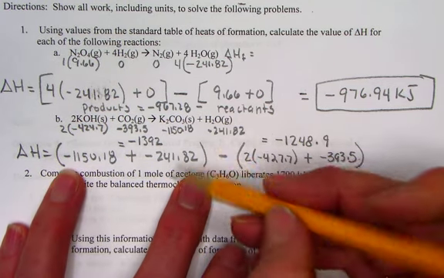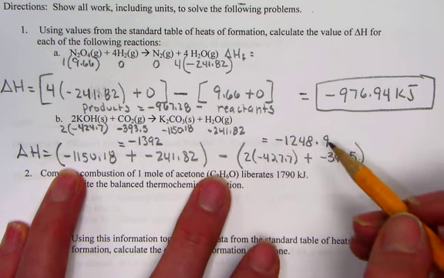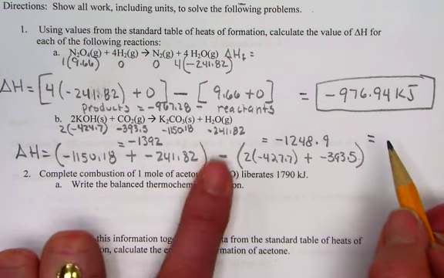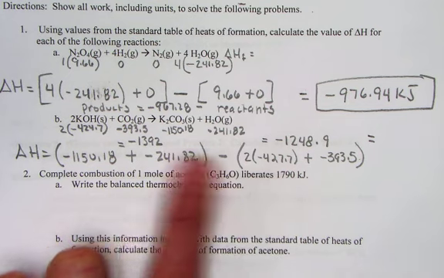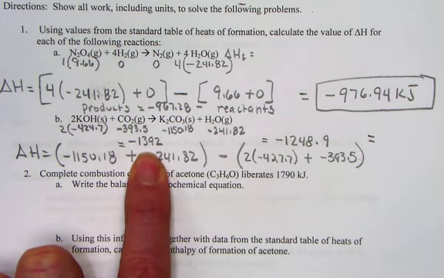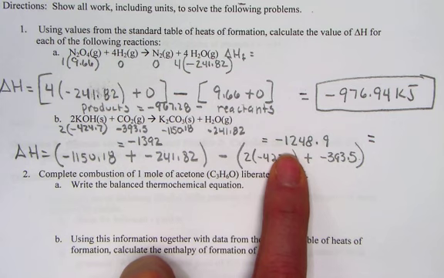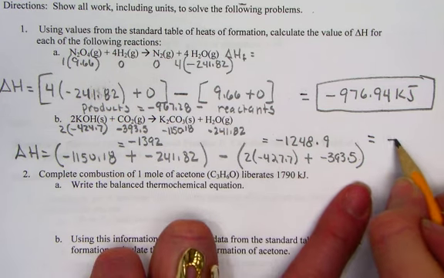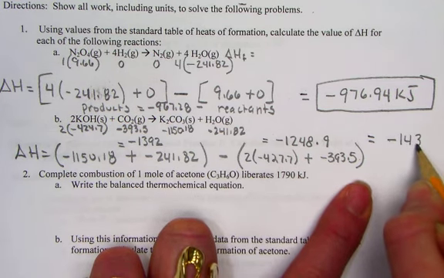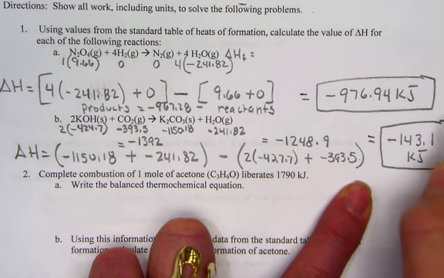We have the simplified first parenthesis and the simplified second parenthesis. We need to do a subtraction, products minus reactants. Taking the value we simplified for the first, negative 1392 minus negative 1248.9 equals, I get a value of negative 143.1 kilojoules, an exothermic value.